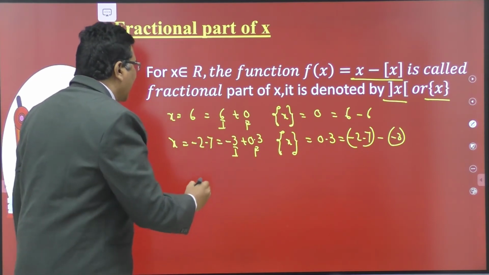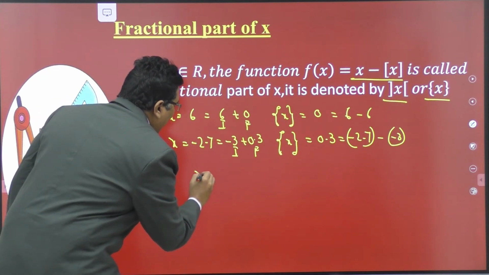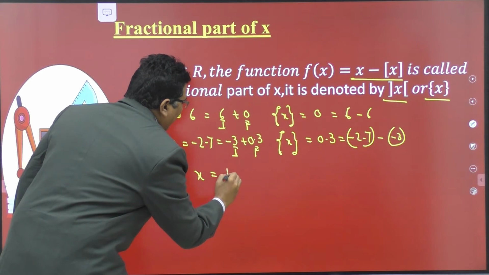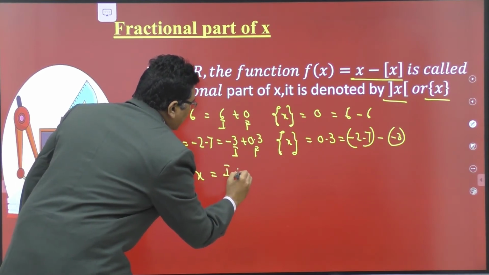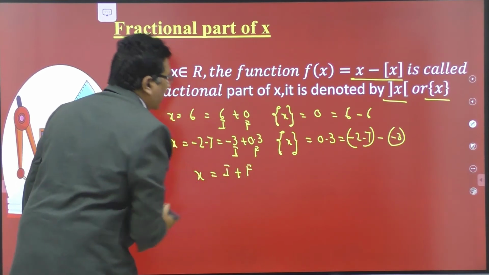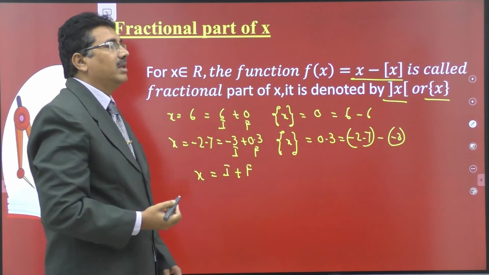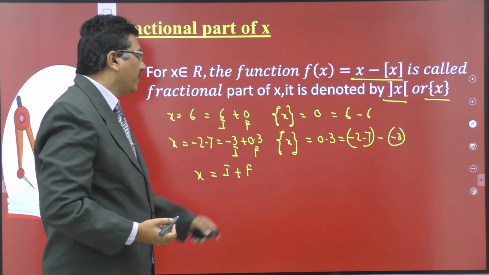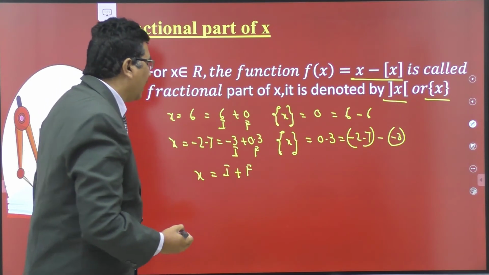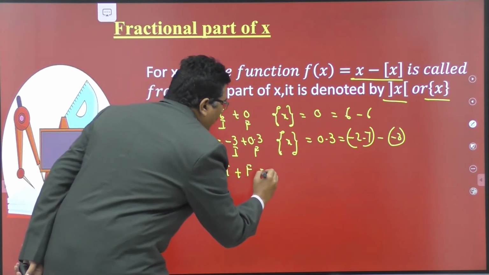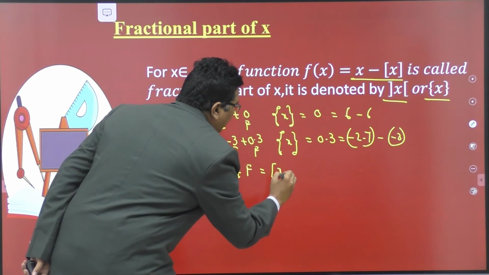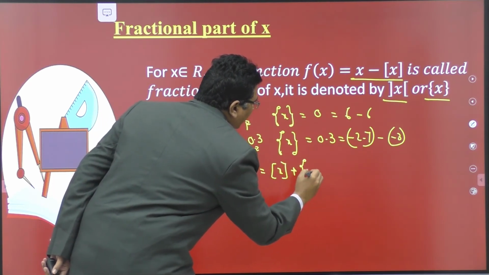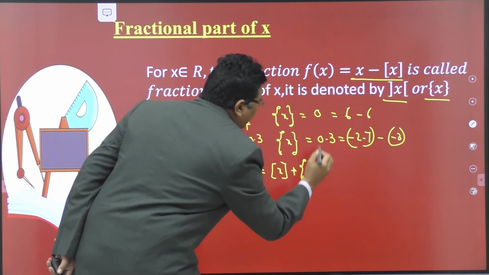Let us take any real number x. It can be written as integral part plus fractional part. Every real number can be written as the sum of integral part and fractional part. The integral part can be denoted by floor of x and the fractional part can be denoted by flower bracket x.